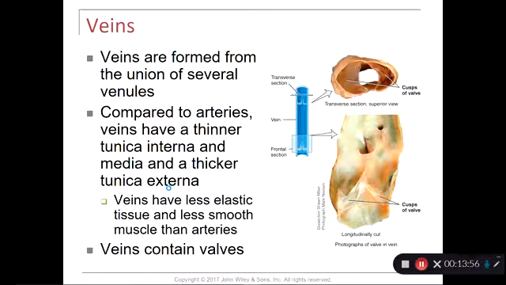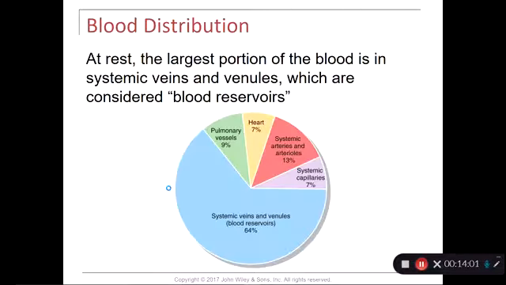If these valves fail, you start getting varicose veins. Again, that blood distribution: you can see that 26% is actually found in everything else besides the veins and venules. 64% of it, the blood reservoirs, the bayous, are holding on to a good 64%.